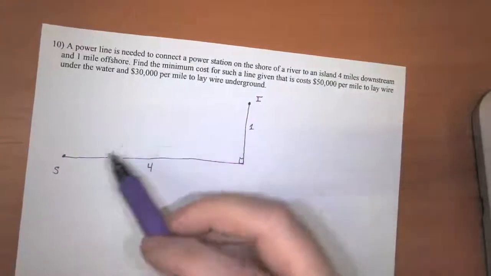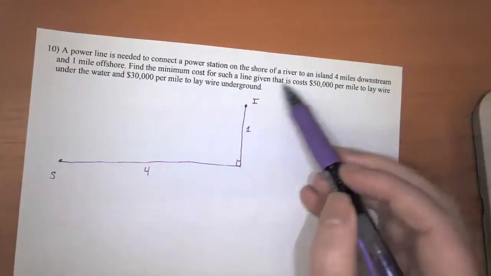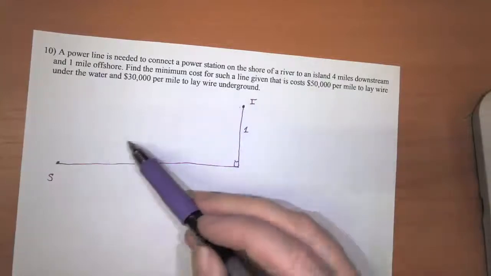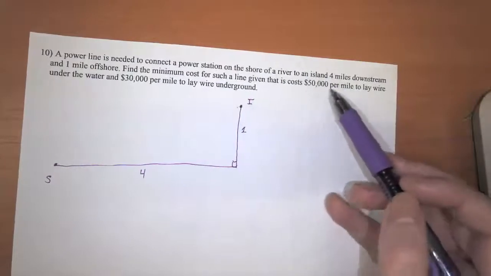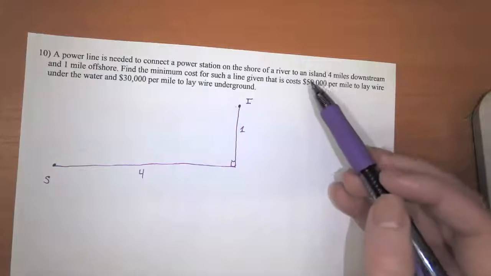Okay, and we want to stretch a wire that goes from S to I, knowing that it costs a certain amount to lay the wire under the water. So if we went just straight, that would probably be super expensive because it would be $50,000 per mile for the whole mile.